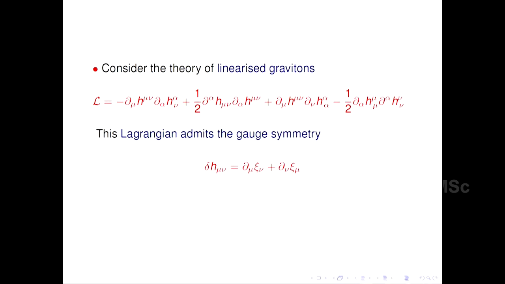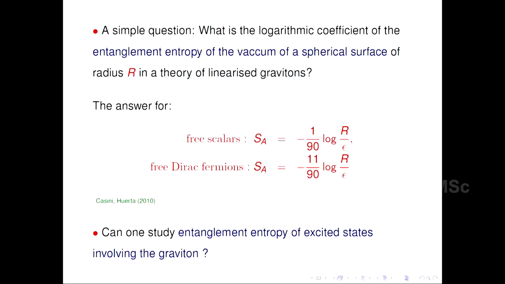Now, what I will focus on is a restricted case, just the linearized graviton, the linearized theory, which admits a particular gauge symmetry. The simple question one can ask is, what is the logarithmic term? As in the previous talks, people have talked about the area term in entanglement entropy.